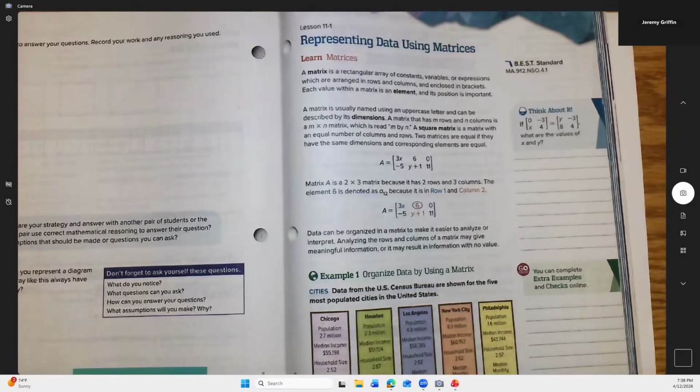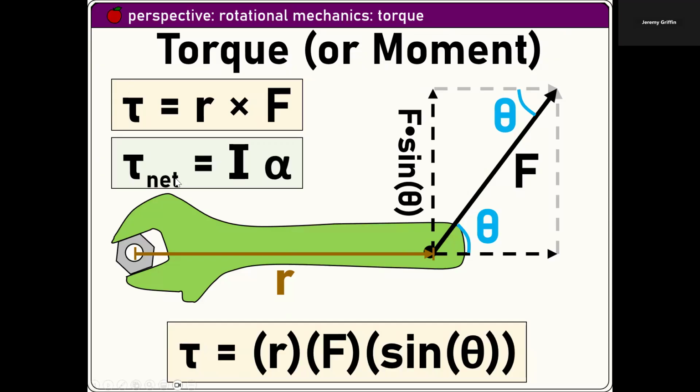Actually, I do have a physics example for you too. Say you're using this wrench to turn this nut, and the physics term that applies here is called torque, with this Greek letter tau. Like a turning moment.